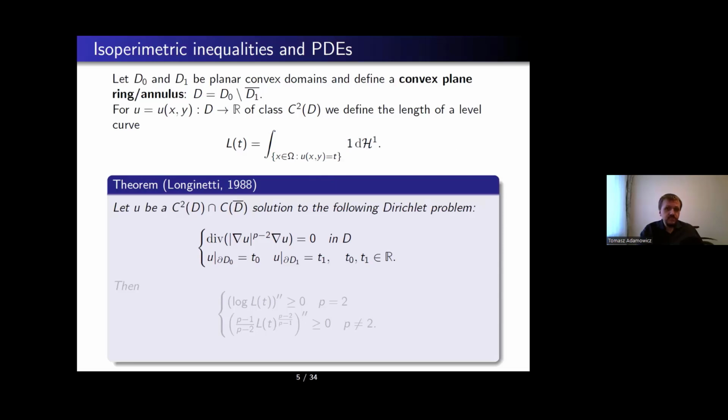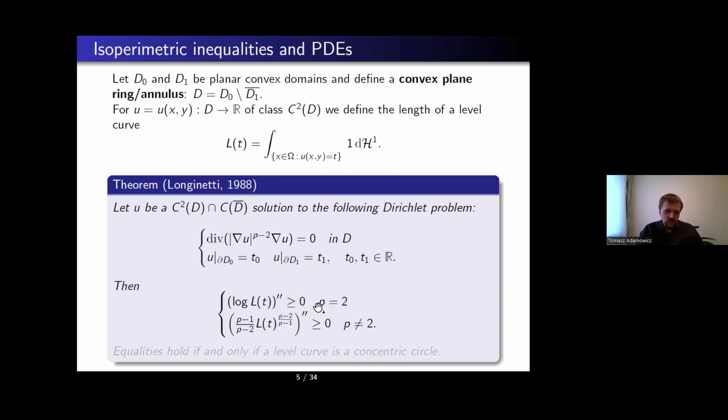For such a function, Longinetti in 1988 showed that if u is a C2 function inside the ring and continuous on the closure of the ring, and it solves the following Dirichlet problem for the p-harmonic equation with constant boundary data, then this function L of t, the length of a level curve, satisfies the following inequalities.